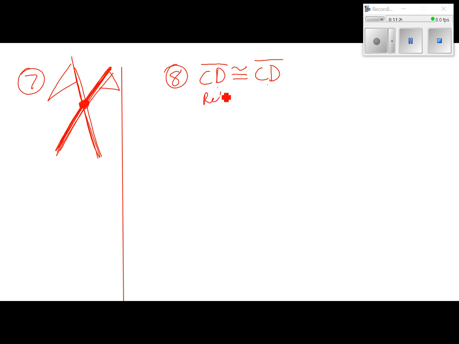Well, that's a reflexive property, and this time it's for segments, because we were dealing with segments. They state it as reflexive property of segment congruency. So it'd be letter C for number 8.